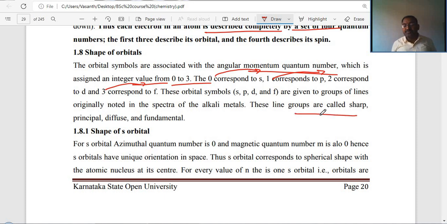These line groups are called sharp, principal, diffuse and fundamental.